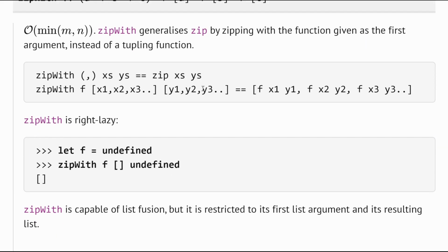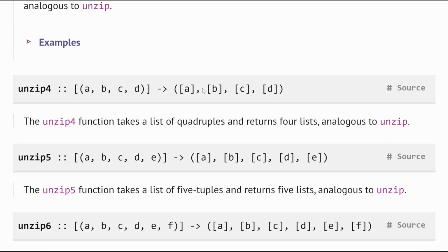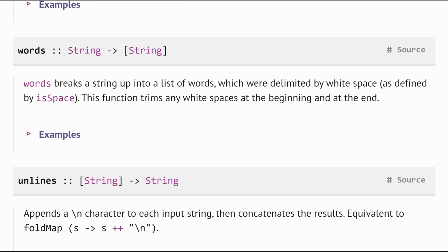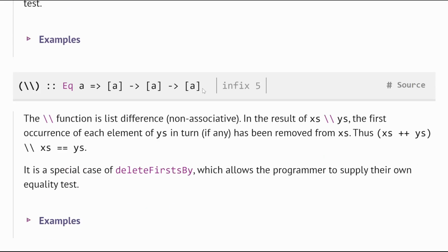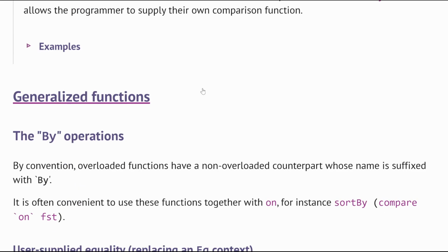I don't know. You can zip a list with its tail to get lists of pairs, but that's not what I want. Okay. Yeah, I think you can just write a simple recursive function.